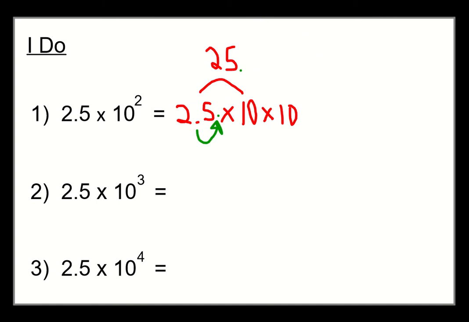But I'm not done, because I now need to take that 25 and multiply it by 10 again, because it was 10 to the second power, to find the true value of this numerical expression. So 25 times 10 is going to get me a final product of 250.